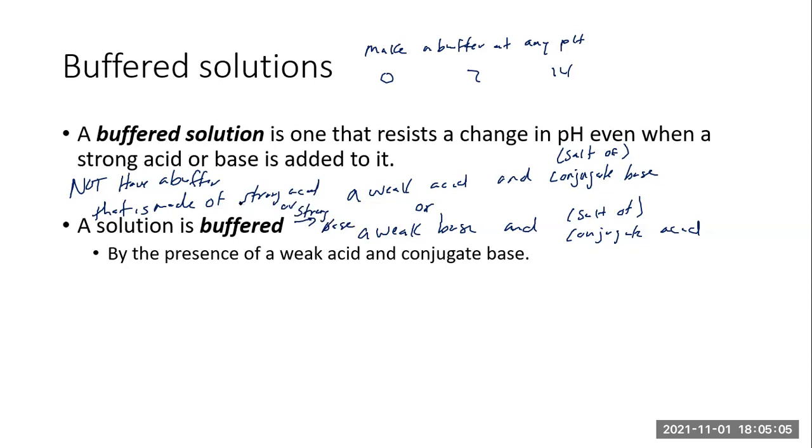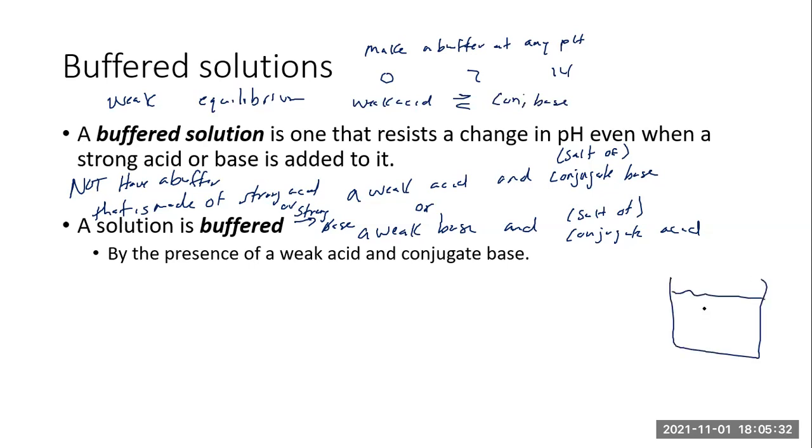There has to be weak acids or weak bases, because when they are weak, they set up an equilibrium, which means you're able to keep both things in solution. You're able to keep the weak acid and its conjugate base in the actual solution floating around together.